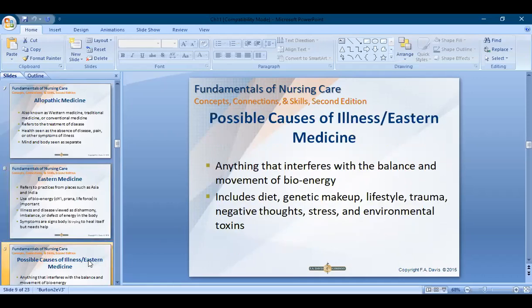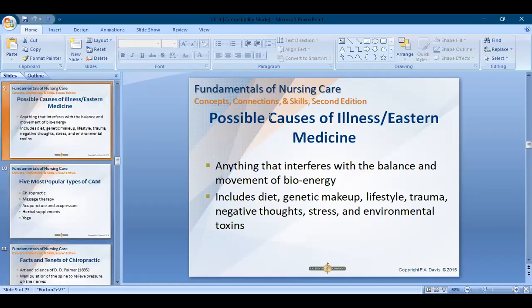Here, the possible cause of illness is anything that interferes with the balance and movement of bioenergy, including diet, genetic makeup, lifestyle, trauma, negative thought, stress, and environmental toxins.